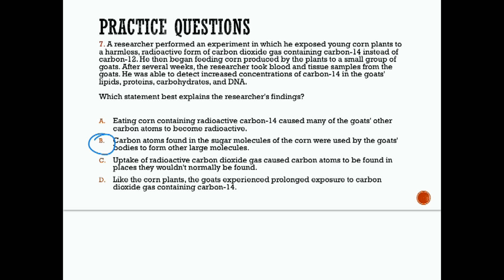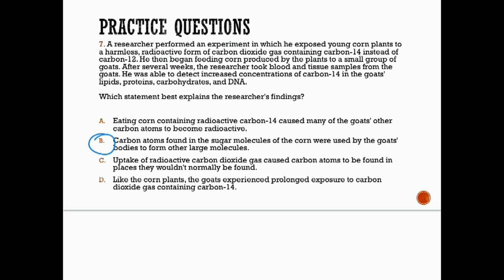So when an organism's body breaks these sugar molecules down into their components, the resulting carbon, hydrogen, and oxygen atoms may combine with atoms of other elements. All right, so large molecules such as amino acids, which form proteins, and nucleic acids like DNA and RNA, okay, deoxyribonucleic acid, these are produced in this way.